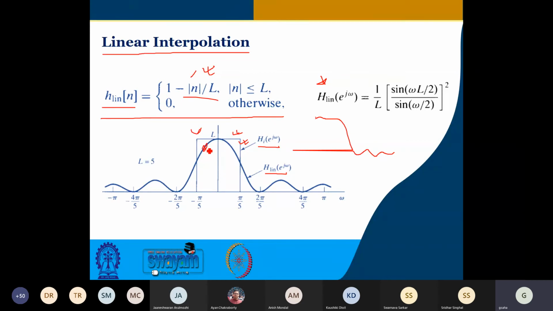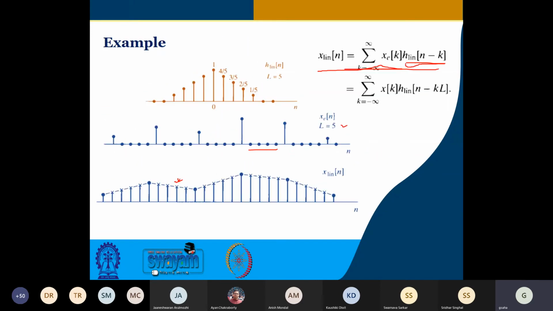Whatever you see here, you will get a better filter response than this, with lower side lobe height, etc. The interpolated values will be much better, not like what this linear interpolation is showing you. Do you get my point? This is just to show that this will not remain 0.